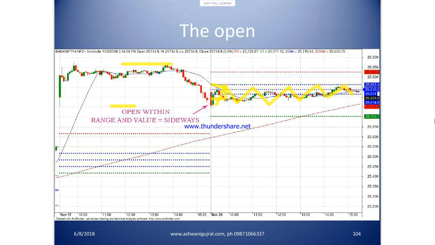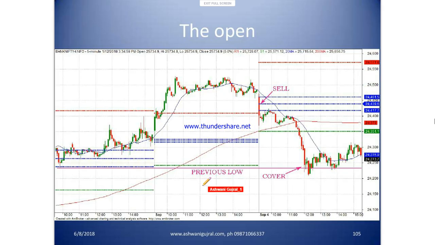The best opportunity is when the open breaks previous day high low or S1 R1 and gives you a trend. On such a day, trading the Bank Nifty or any index is not very useful. As you can see, this is a sideways market, right?